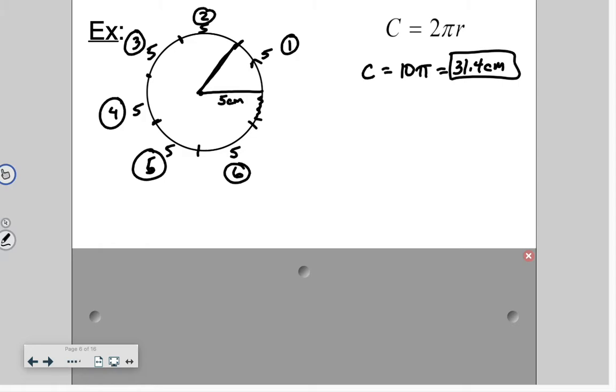Here's the connection I'm going to try to make now. When you go all the way around the circle, how many degrees? 360. This formula, when we went all the way around, what is 2 pi as a number? 6.28, right? 3.14 is pi. So 6.28 would be 2 pi. Didn't we just go 1, 2, 3, 4, 5, 6 plus a little bit around the circle?